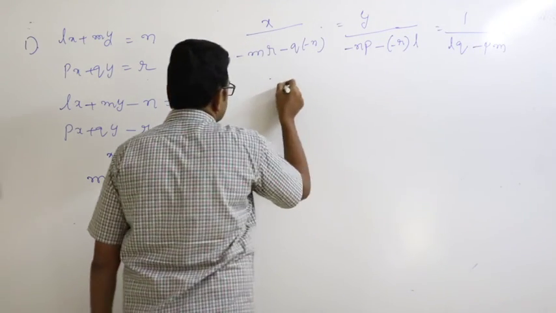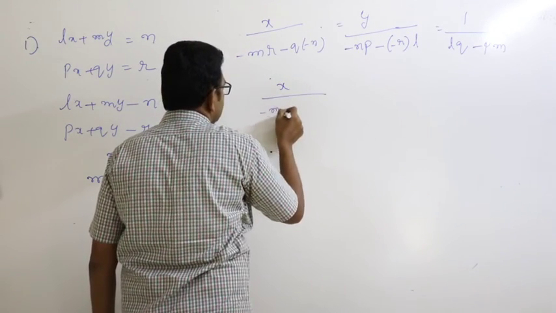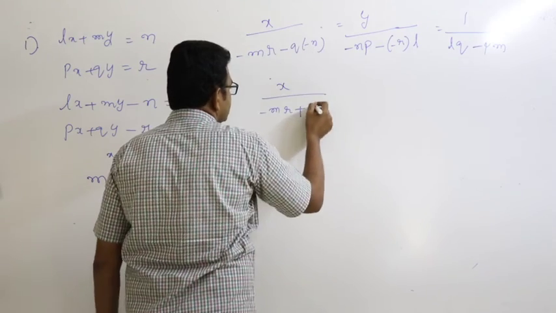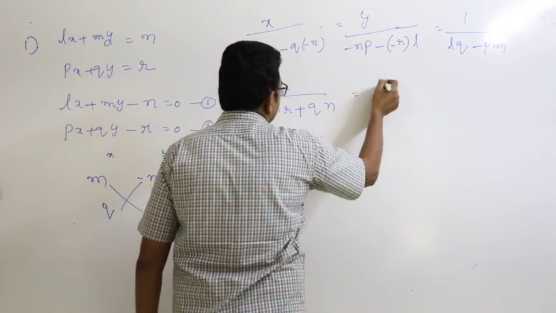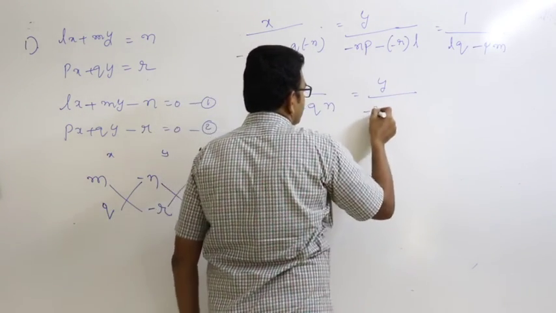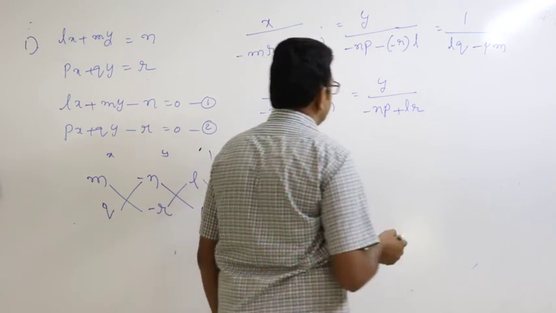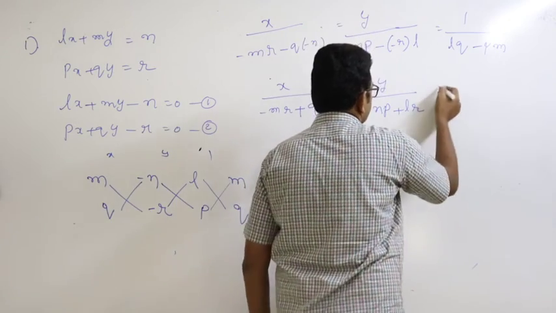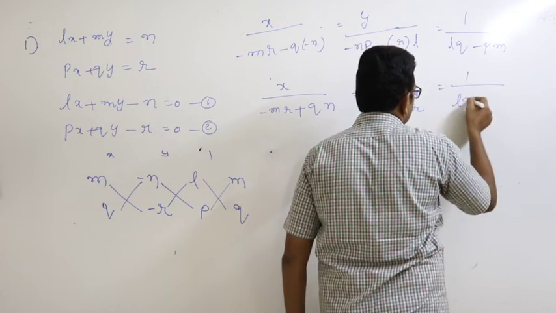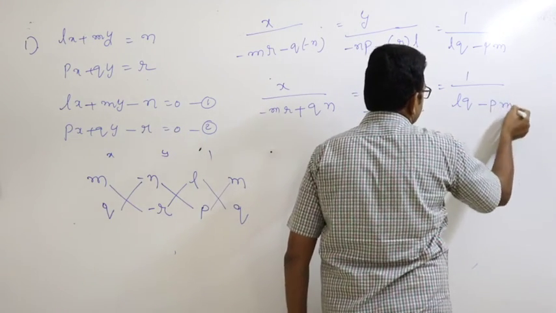Therefore, this is x by minus mr plus qn equal to y by minus np plus lr, minus of minus, is equal to 1 by lq minus pm.